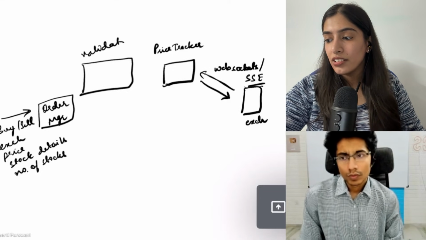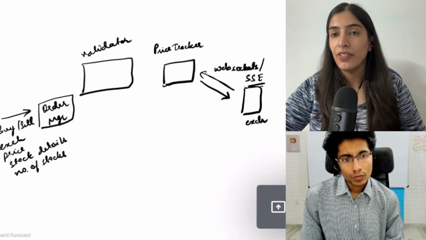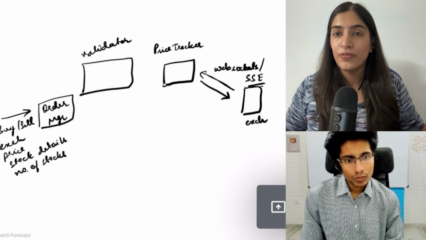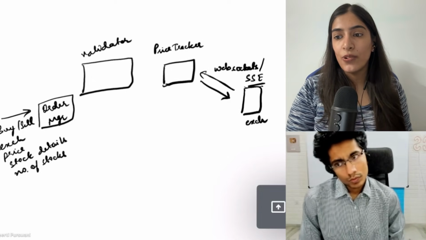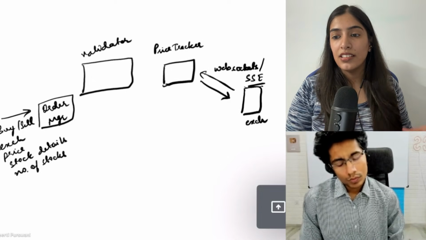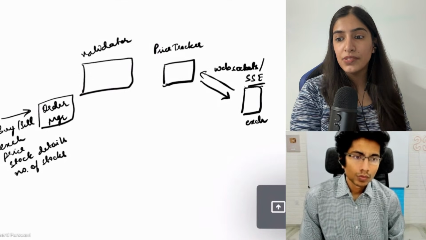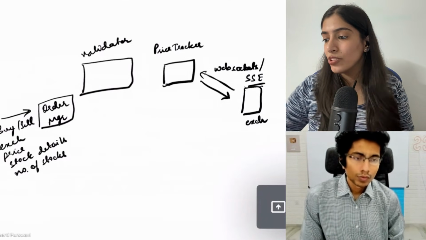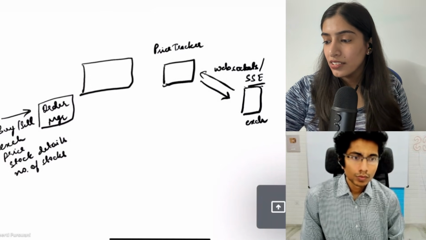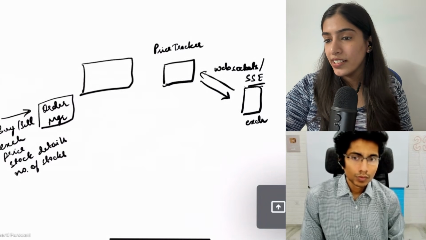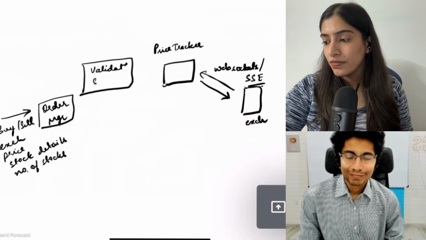We are not talking about intraday trading, but when it is intraday trading, we need to do a lot of validations, like can we let the user go ahead with this particular order? Does the user have enough funds or enough stocks? In very simple terms, we have to put those checks. So here we can call this risk management service or validation service. What do you think? Yeah, absolutely.